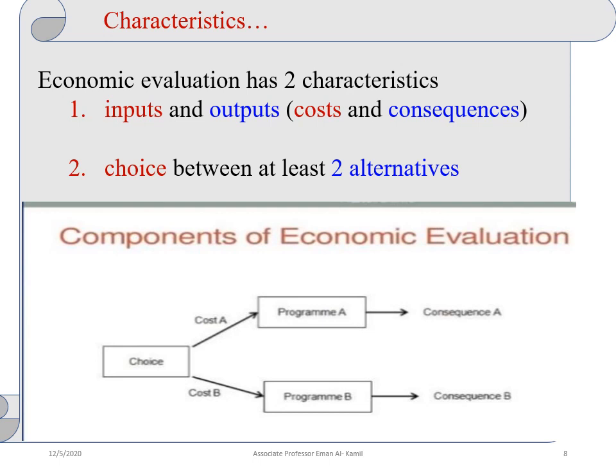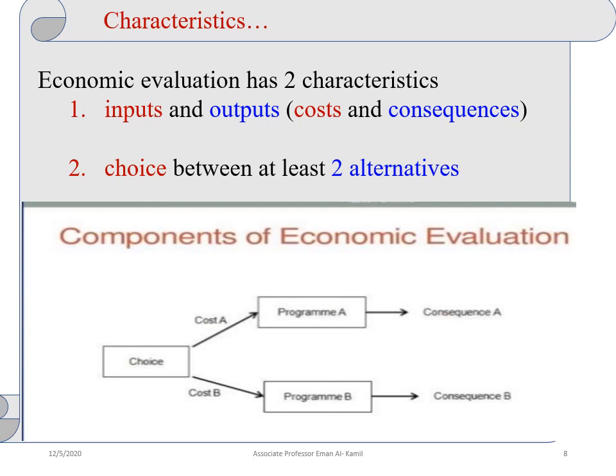In economic evaluation we have input, which is the cost, and output, which is the consequences or result. We have two choices and two costs, and we are going to make our choice by choosing the program according to the method of economic evaluation which we are going to use.